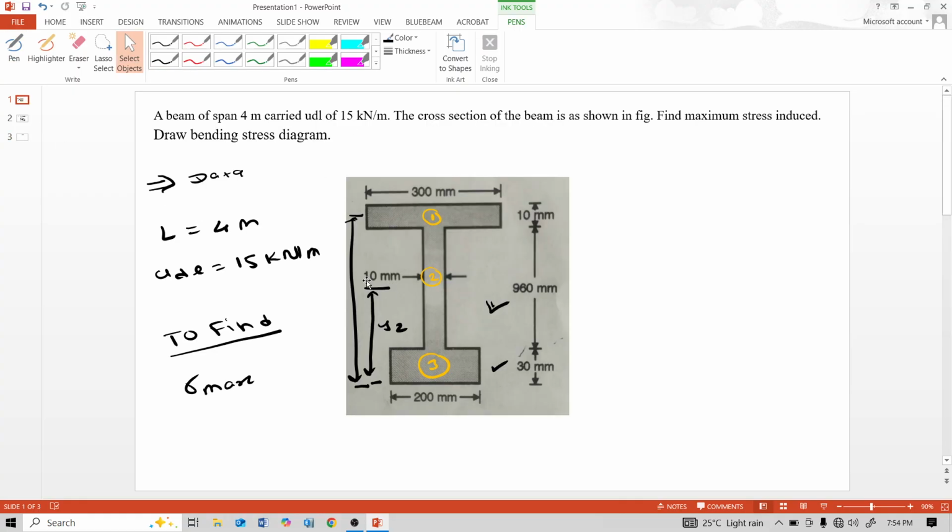Now next calculate moment of inertia about x-axis for this I section. For this, first calculate moment of inertia for this top flange.